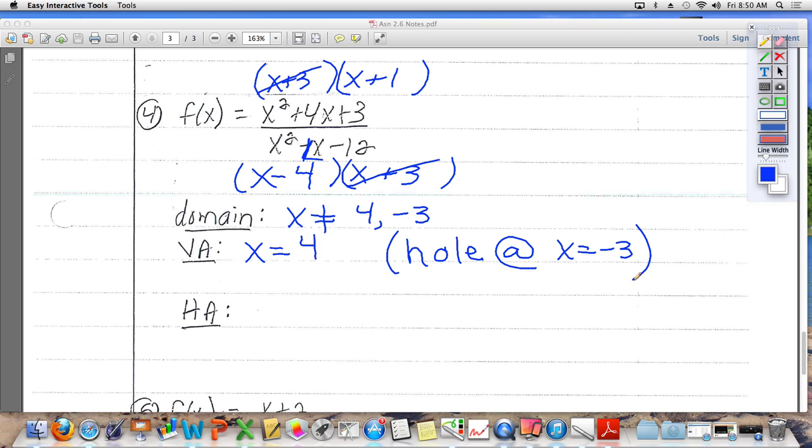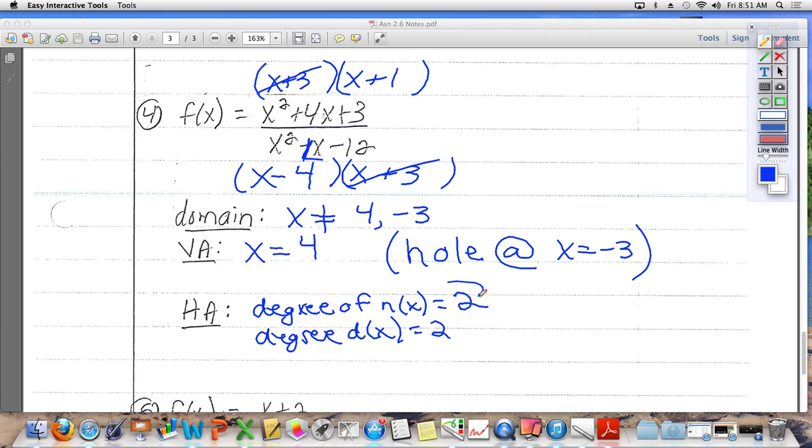Horizontal asymptote. The degree of the numerator is what? 2. The degree of the denominator is 2. What does that tell you?